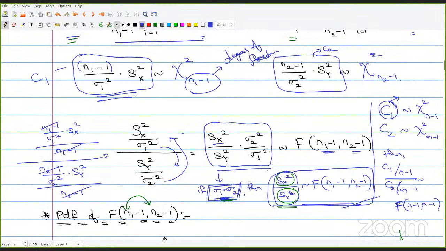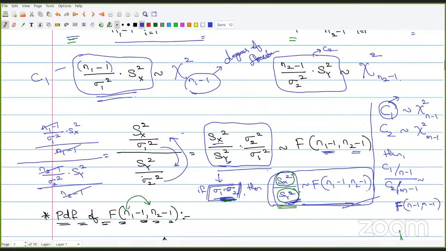Are you sharing your screen? I am about to share my screen. In the start of the lecture, I told this. We have proved that Sx square by Sy square times sigma 2 square by sigma 1 square follows F distribution. If sigma 1 is equal to sigma 2, then only this particular factor will go to 1, and then Sx square by Sy square will follow F distribution.